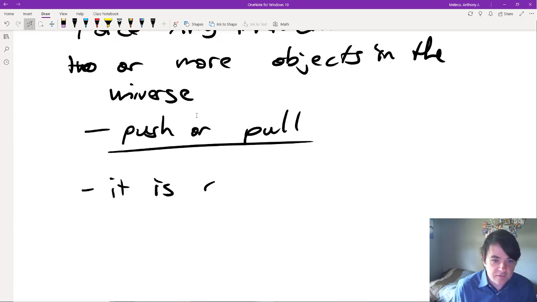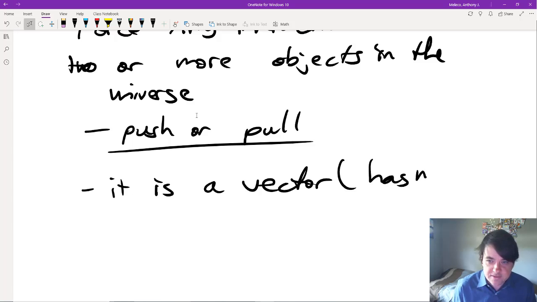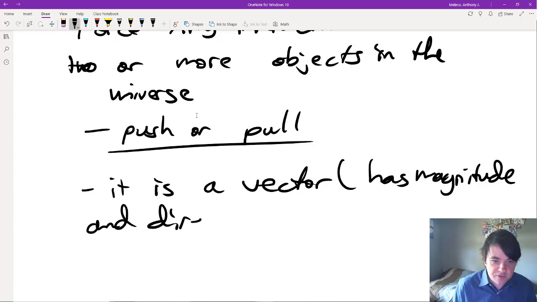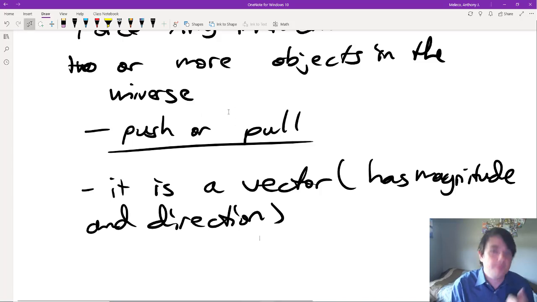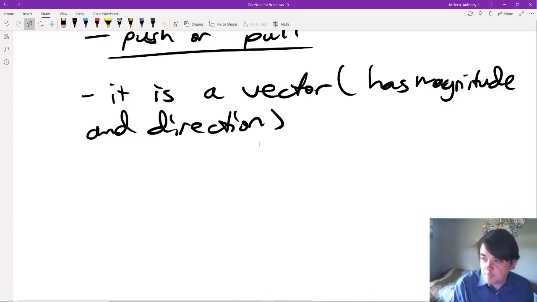It is a vector, so it has magnitude and direction, and it is also a vector because it is defined in terms of acceleration.